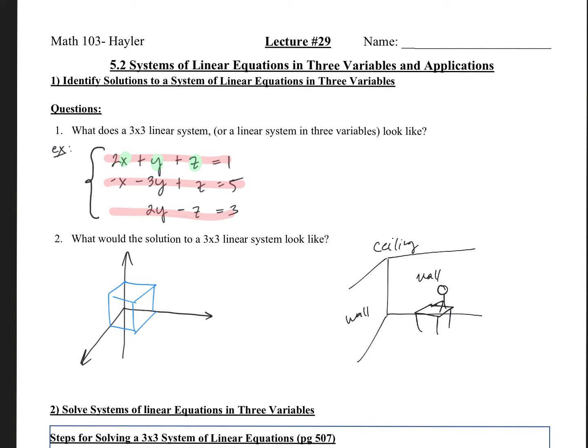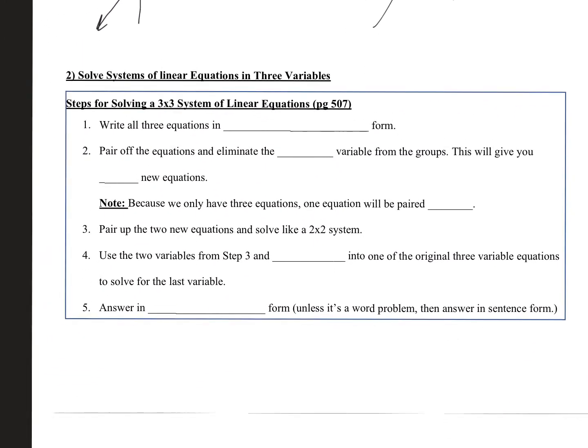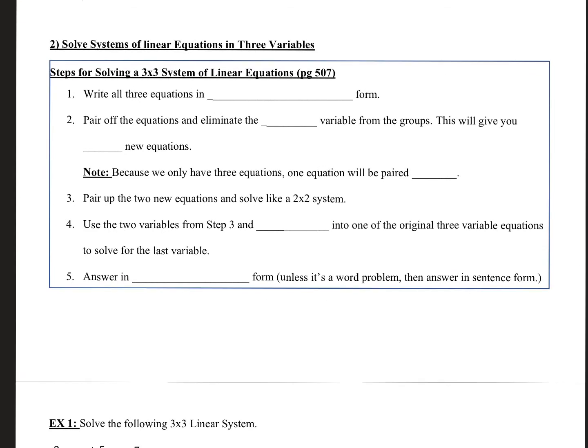So where the ceiling and the 2 walls intersect. And what point is that? Well, that might be this point right here. That could be a solution to a 3x3 system. Okay, so think of a 3x3 system as the corner point. Now, once again, we don't actually graph these in Math 103, so this is just sort of a visualization of what we're getting at. So now, how do we actually solve them?